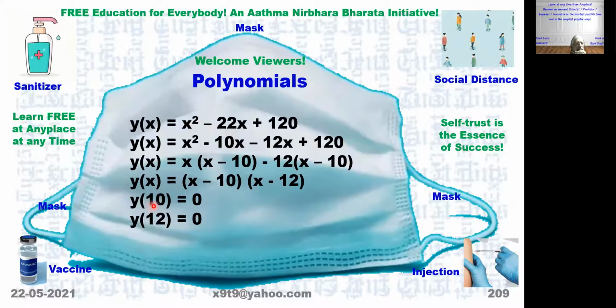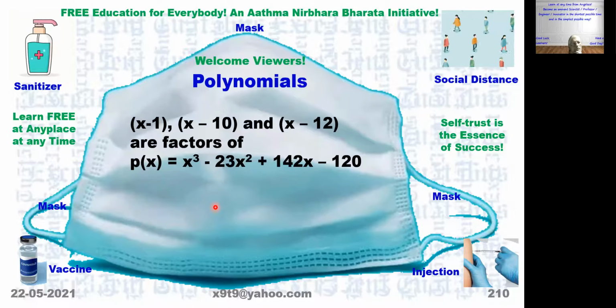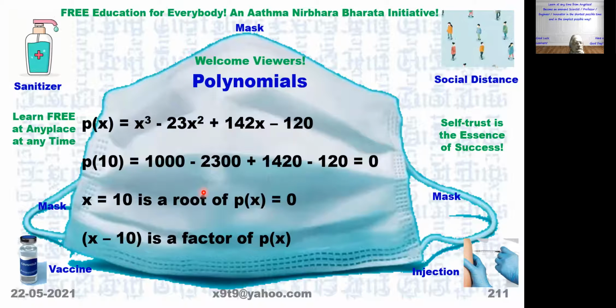So value of y when x is 10 is 0, value of y when x is 12 is also 0. Earlier we have found value of y when x is 1 is also 0. So x minus 1, x minus 10 and x minus 12 are factors of the given polynomial. p(x) is equal to x cube minus 23x square plus 142x minus 120.